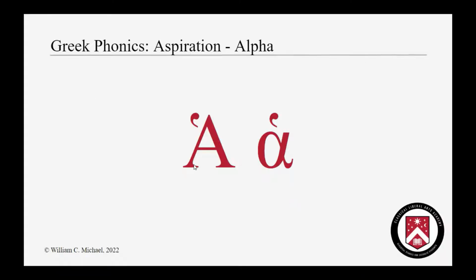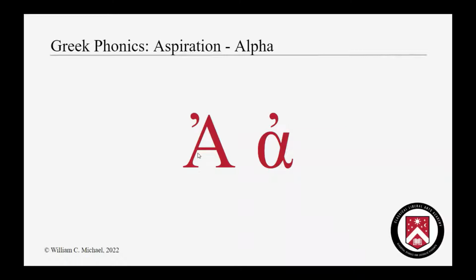Here you can see the Greek letter alpha in its uppercase and lowercase form marked with aspiration. Notice that when uppercase letters are used, the aspiration mark is written before the letter. So this letter here with the aspiration mark would be read as ha. The lowercase alpha here would be read ha.